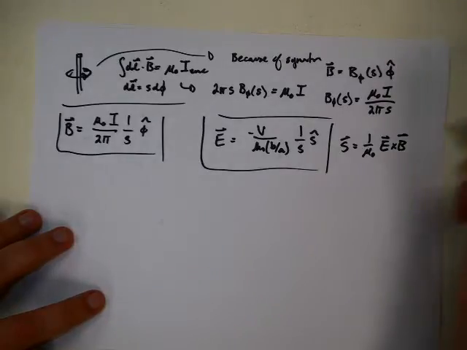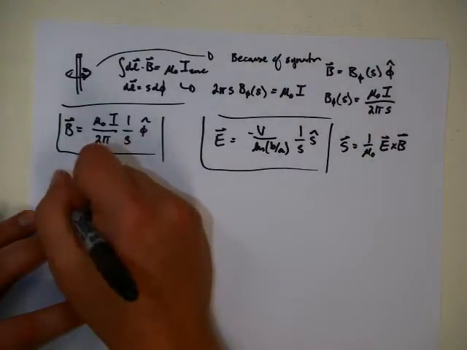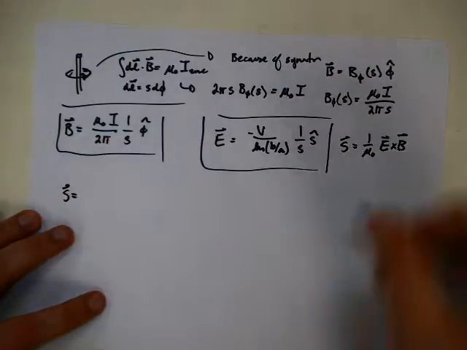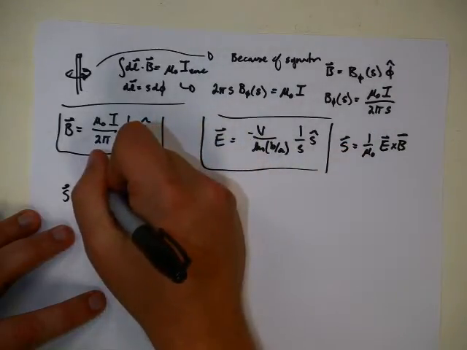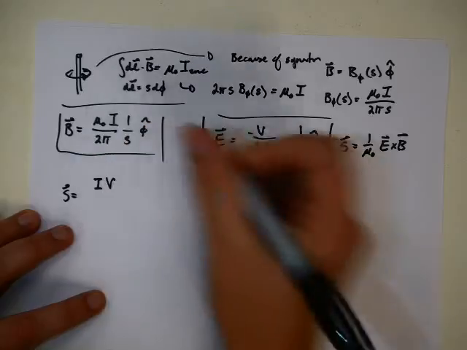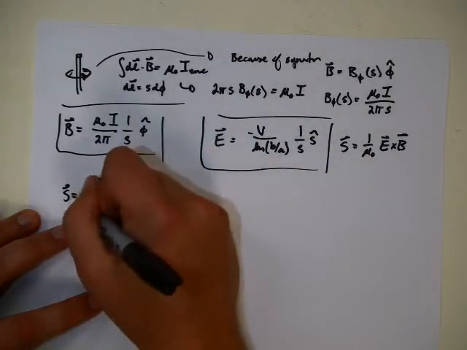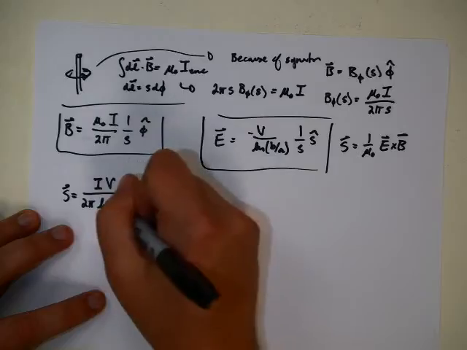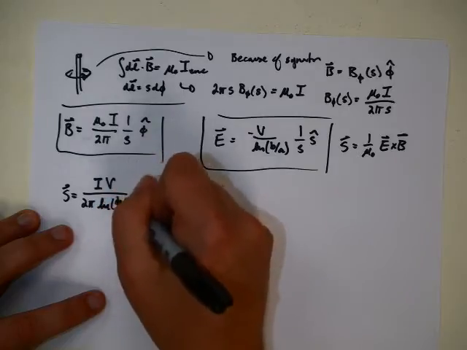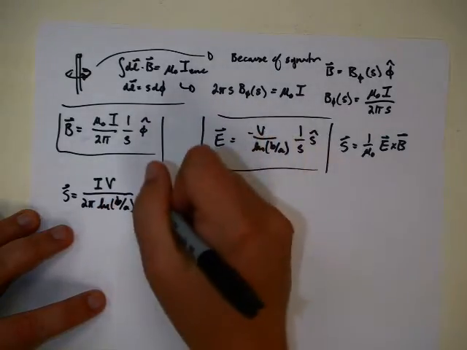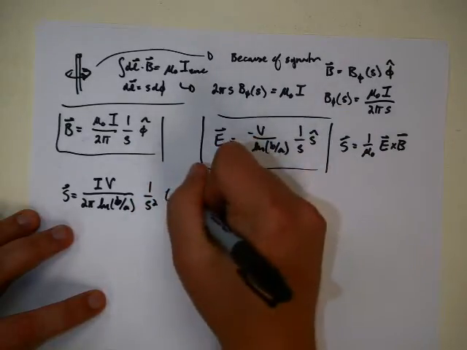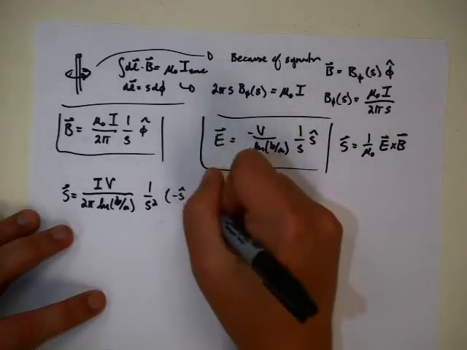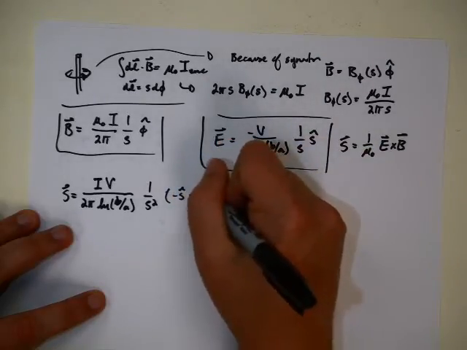And so now we just need to plug this in and take the cross product, and we get the Poynting vector. So the Poynting vector is going to be 1 over mu naught. That'll cancel the mu naught. We're going to get a V and an I. So we get I V, 1 over 2 pi, this ratio, log of the ratio of the radii, and 1 over s squared. Then we are going to have minus s hat cross phi hat.